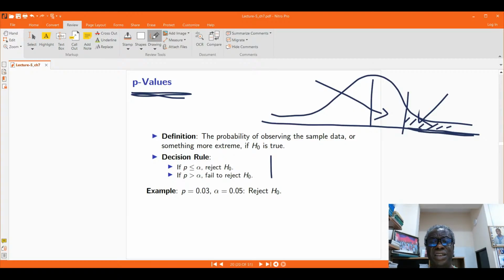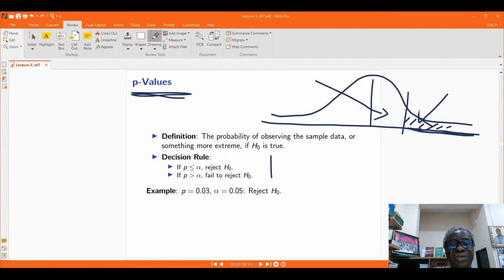And the rule is what you see there. If the p-value is less than or equal to the level of significance, then you reject the null.